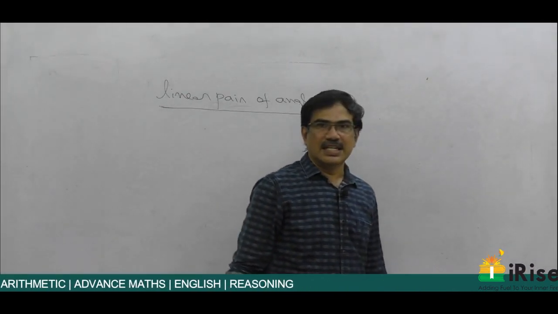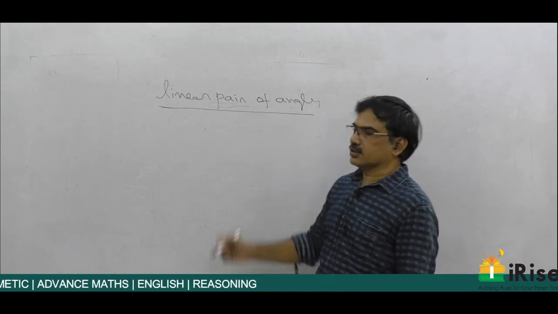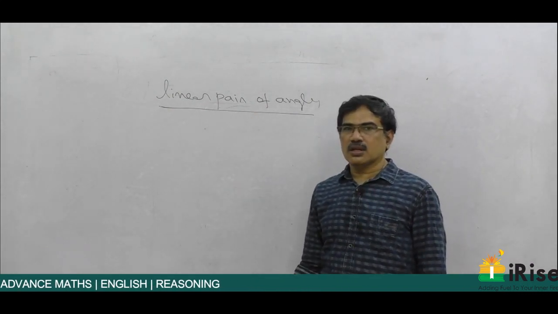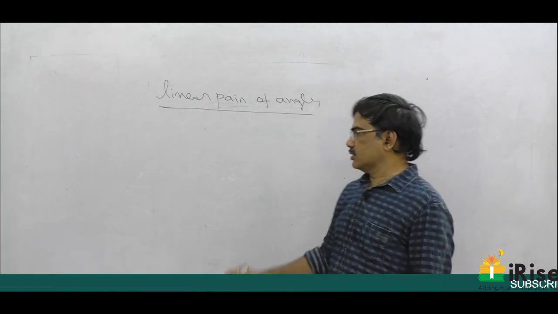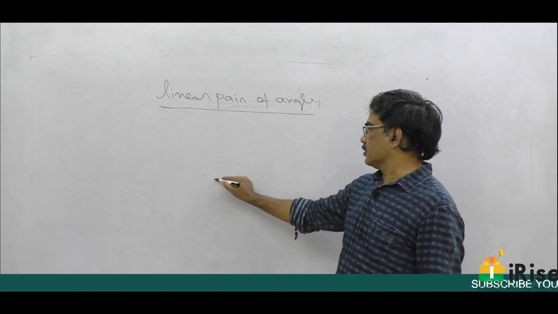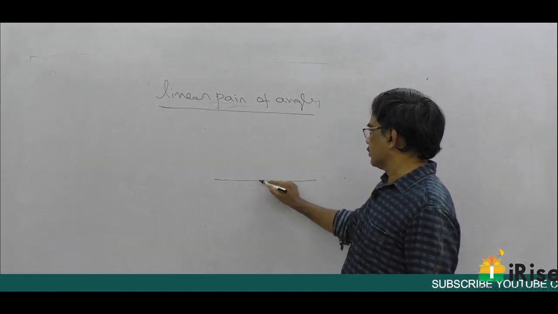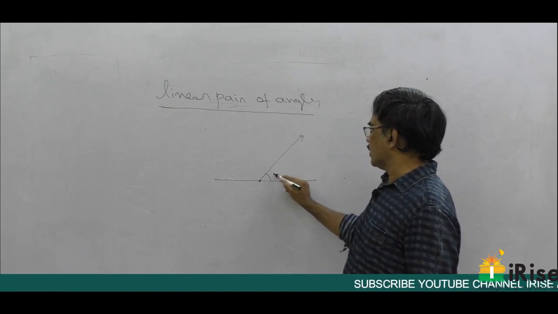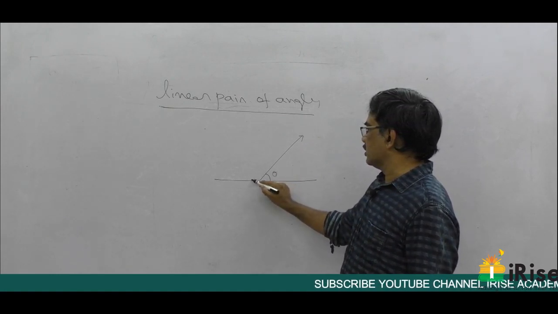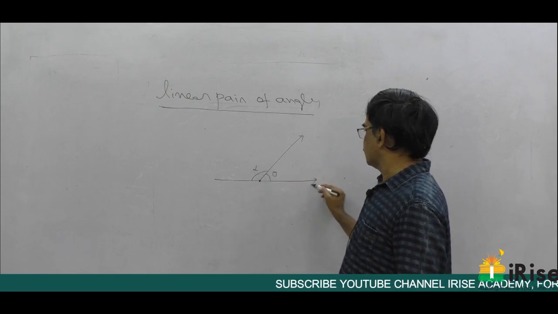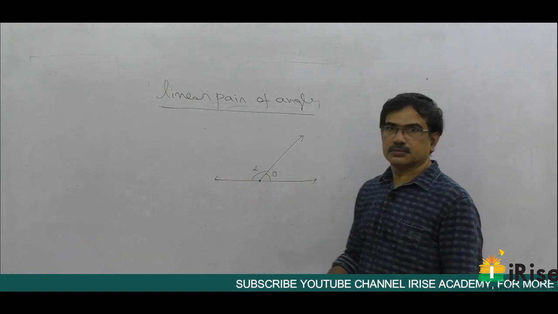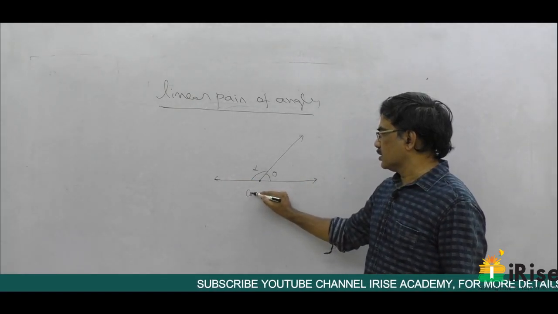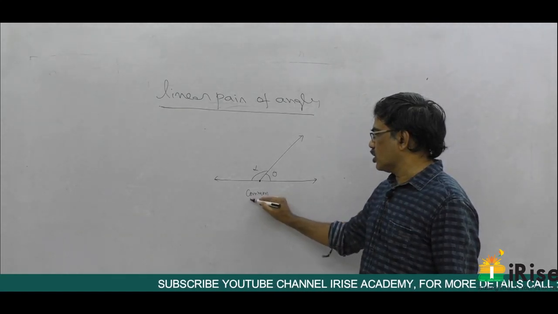Next, linear pair of angles. What are linear pair of angles? This is one angle theta, let this be alpha. This is a common vertex.